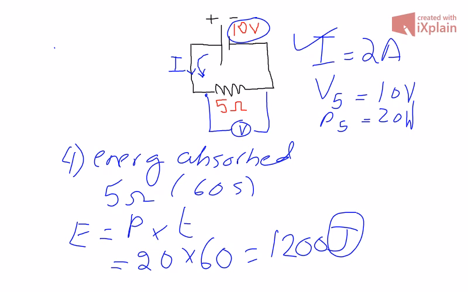Now, the voltage drop is the second question. What is the voltage drop across a 5 ohm resistor? So what does a voltage drop mean? A voltage drop, in essence, is simply if you were to put a voltmeter across the 5 ohms, how much voltage would it measure? That's the reason why the voltmeter measures the voltage.